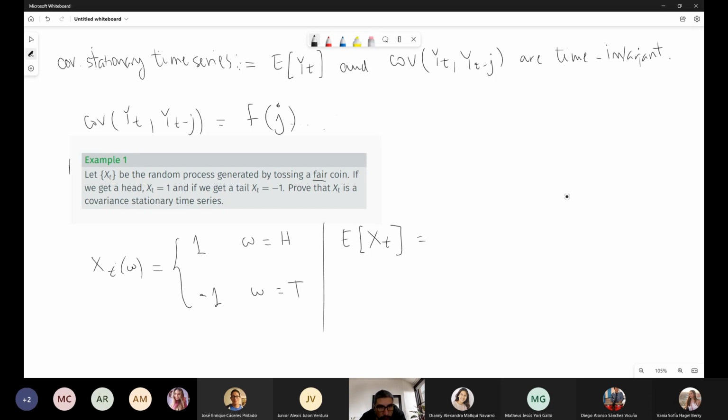It's a fair coin, okay? Teacher, I think that it is 1 multiplied by 0.5 and the same with the -1.